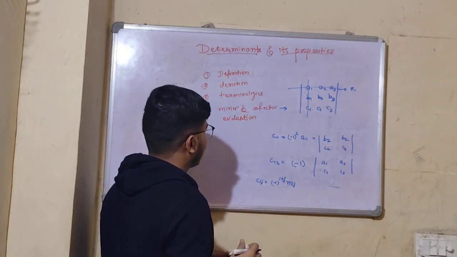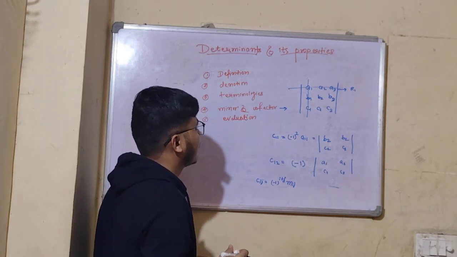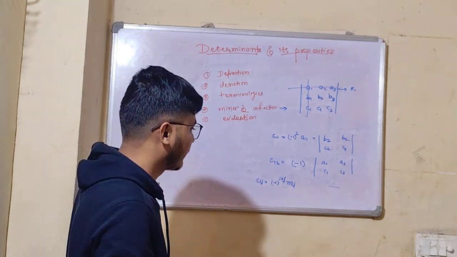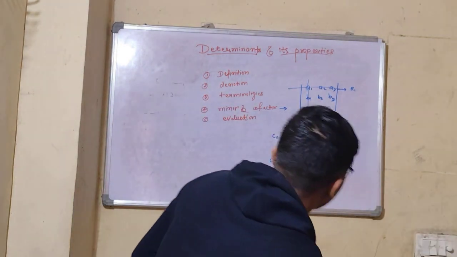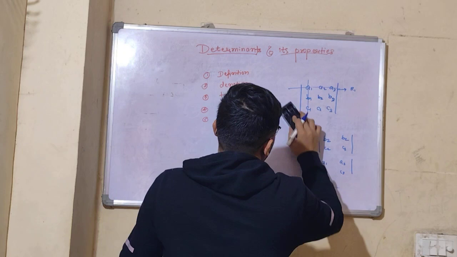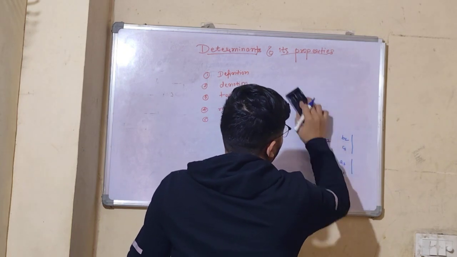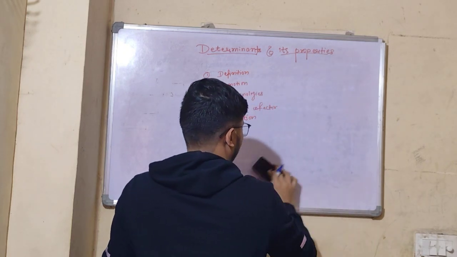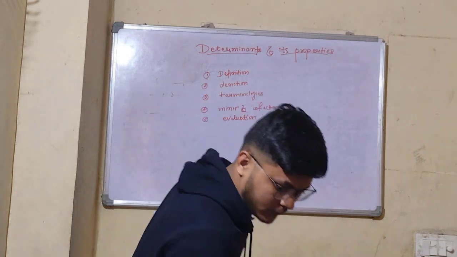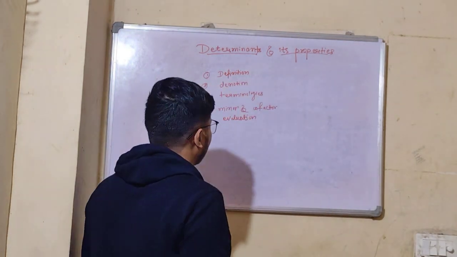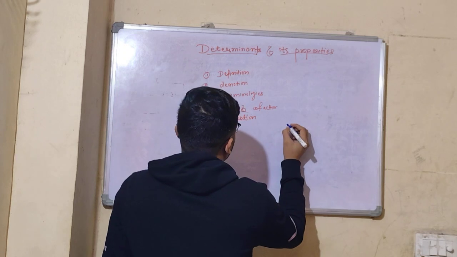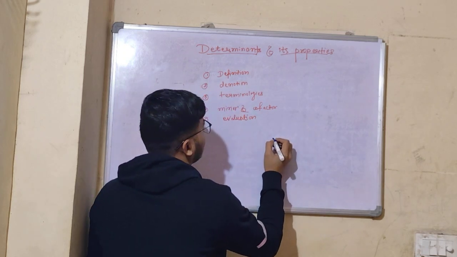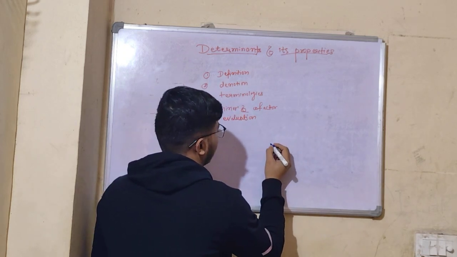Now finally we will calculate how we can determine the value of the determinant. Hope you have cleared about this and you have no doubt about what we have learned. So let me tell you how we calculate the value of a determinant.